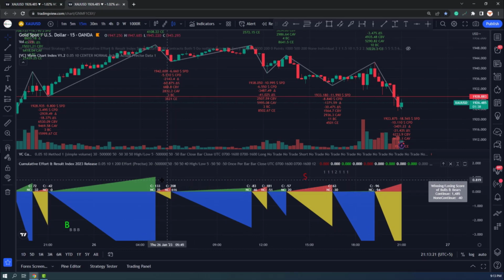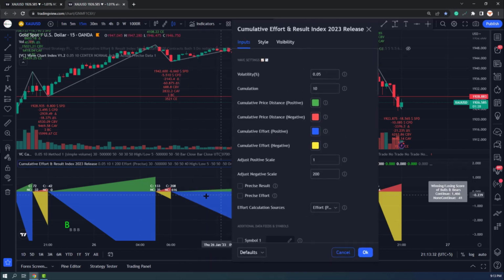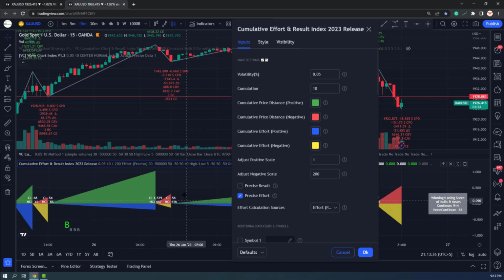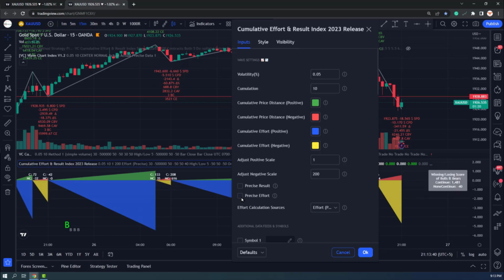There are certain types of values here. I will explain it later. But you see, when I change this precise effort, these values change when I enable or disable it.